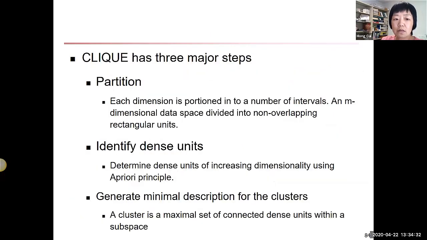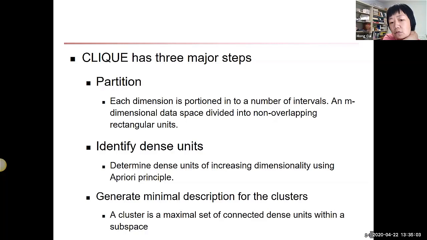So there are conceptually three major steps. One is division, partition. Each dimension is partitioned into a number of intervals. This m-dimensional space is then divided into non-overlapping rectangular units. And then for every unit, we can count how many data points are in there.